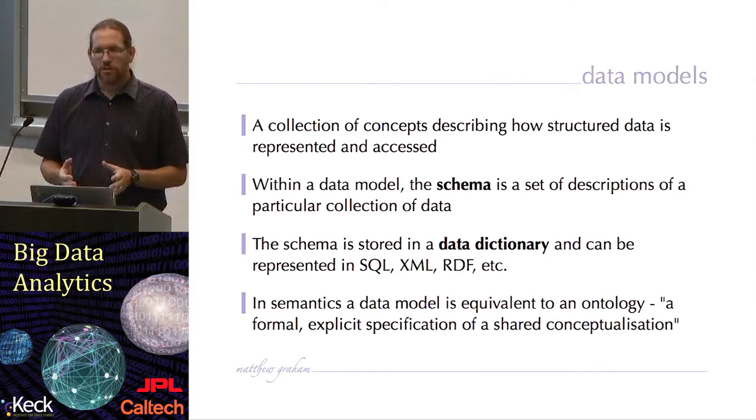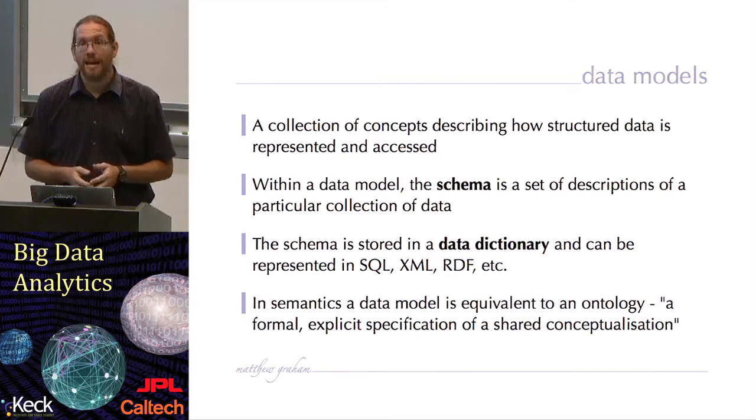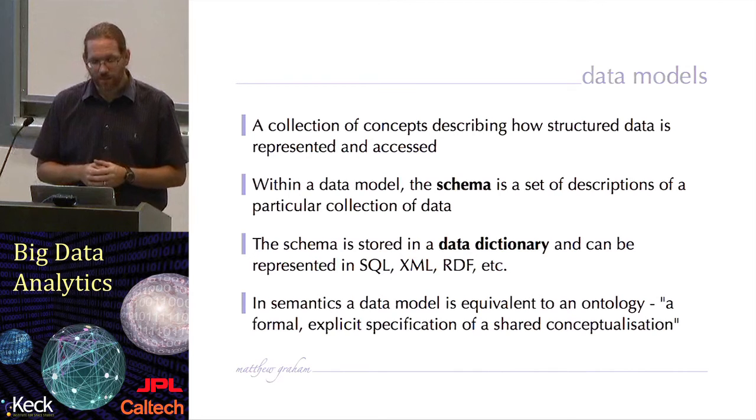The schema is stored in a data dictionary, and that can be represented in a number of different technologies. It can be represented in SQL for relational databases. It can be represented in XML for XML databases, in RDF for triple stores and ontological databases and that sort of thing.